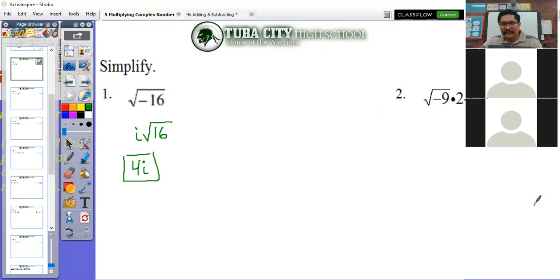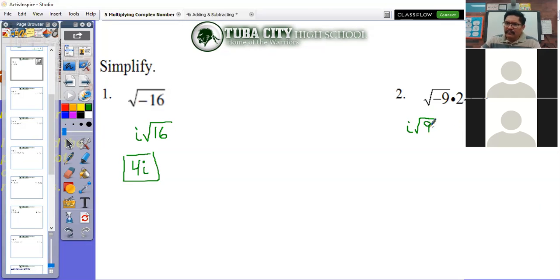And that was it. Okay. Same thing with this one here. Let's take out that negative first. So I root 9.